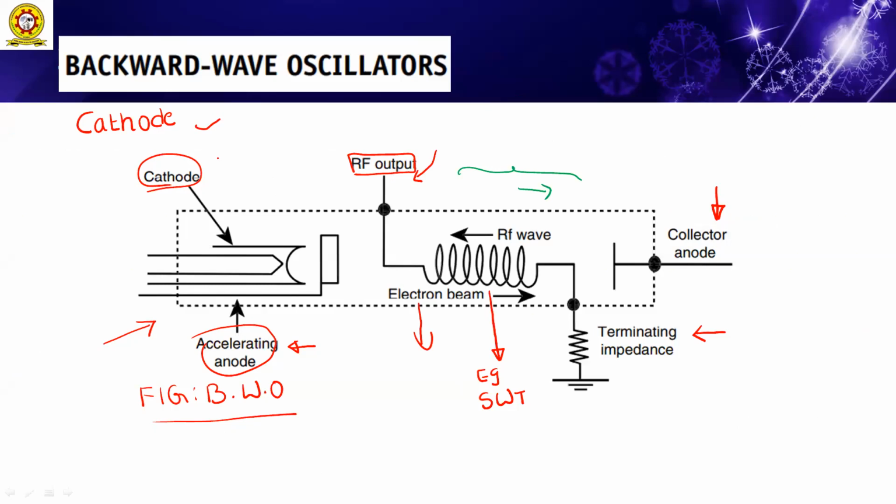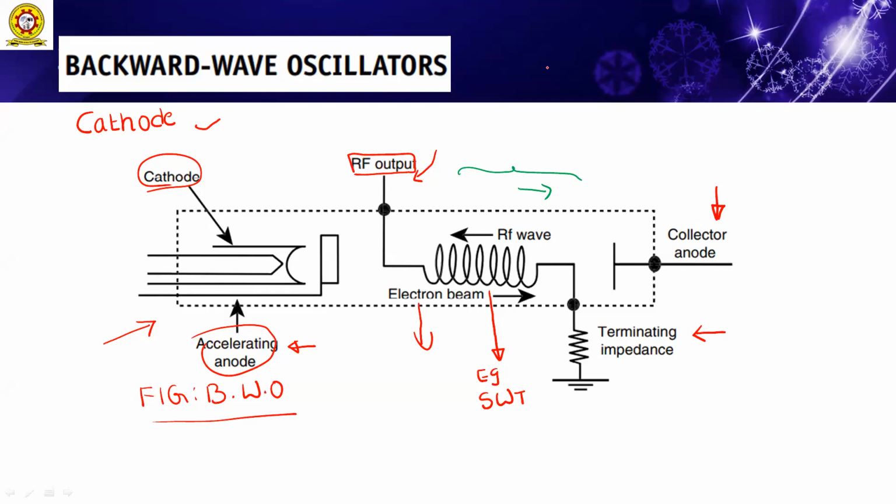Generally this backward wave oscillator is a microwave continuous wave oscillator. The specialty of this backward wave oscillator is that it has very good tuning capability for microwave applications. I think everybody has knowledge of the tuning parameter.